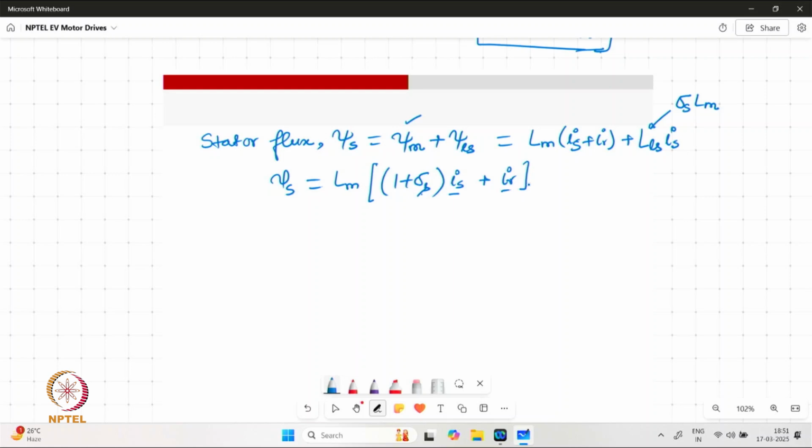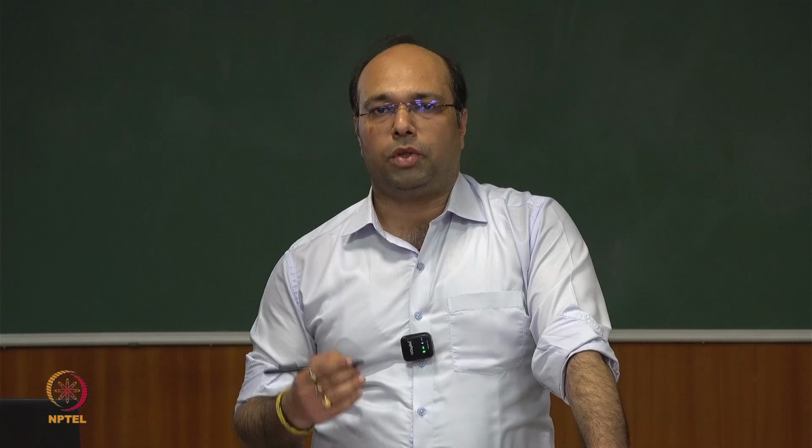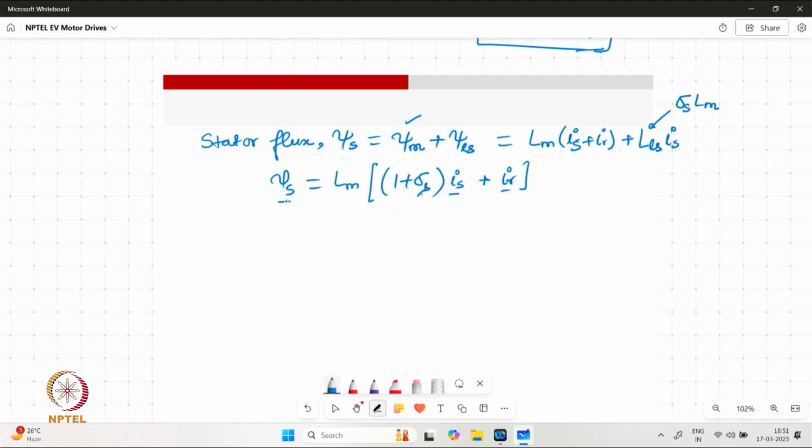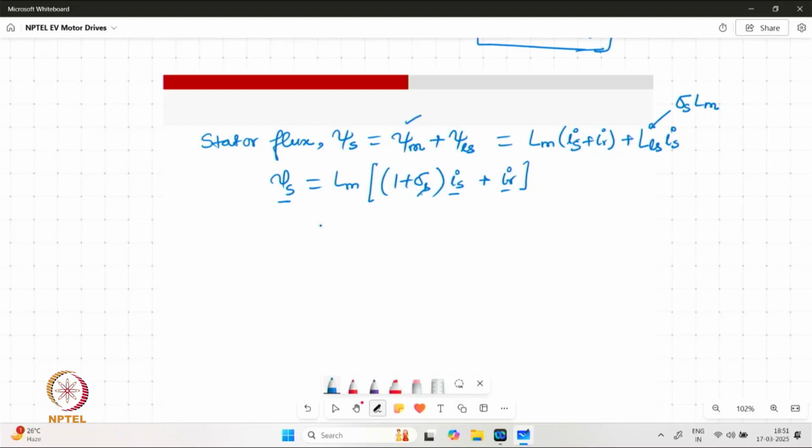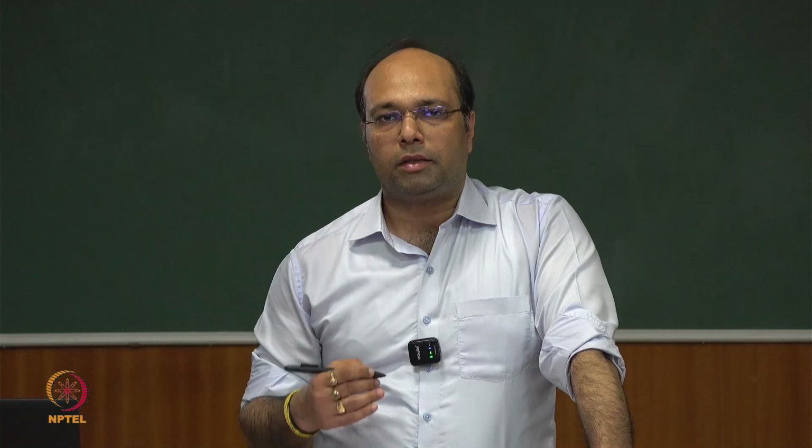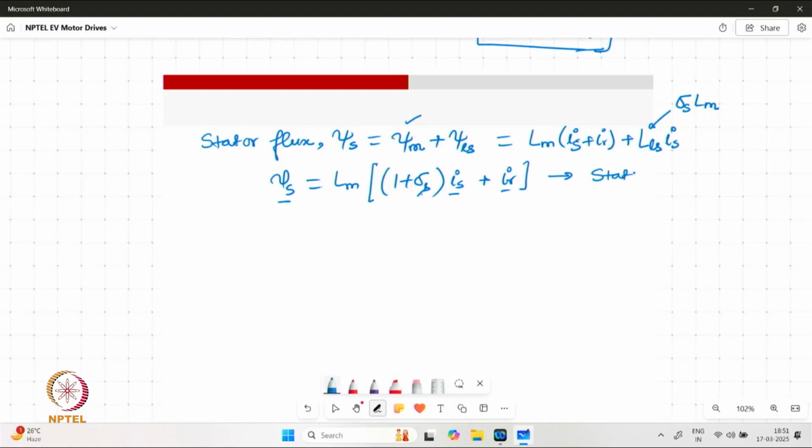Now it should be noted that because we are dealing with multi-phase quantities, we are eventually going to represent all the quantities in terms of vectors. So we have to denote the stator flux or any other quantity as a vector. So here as well we'll be defining a stator flux as a vector, and because this quantity is associated with the stator side, so naturally this will be defined in stator frame of reference.